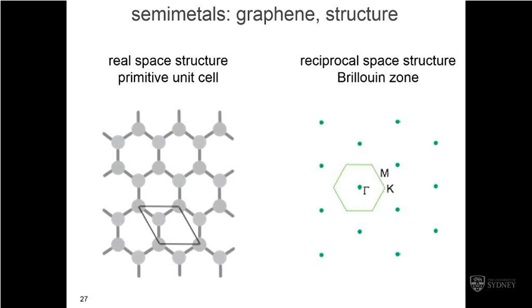These are very special and well-known points in your hexagonal Brillouin zone. You always have the gamma point, which is centered on your 0, 0, 0 k-point. K is at the point here, and M is right in the middle of this line here.